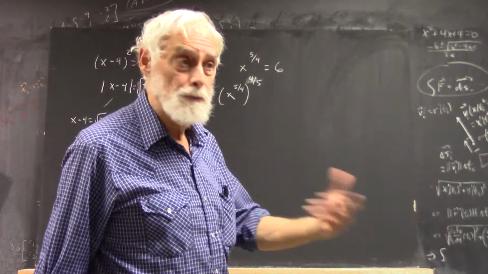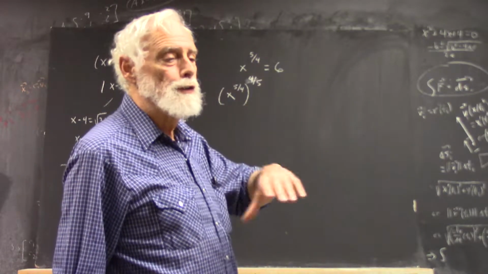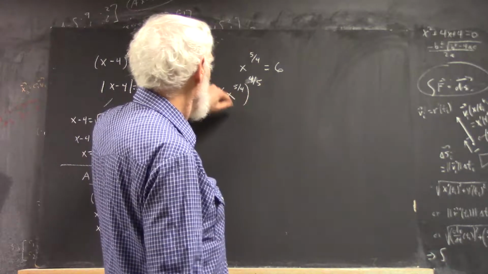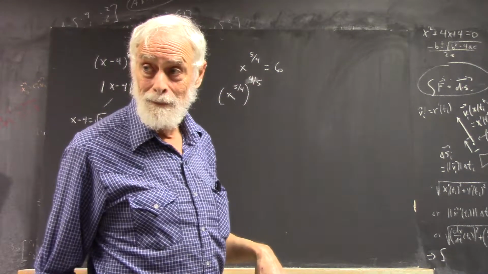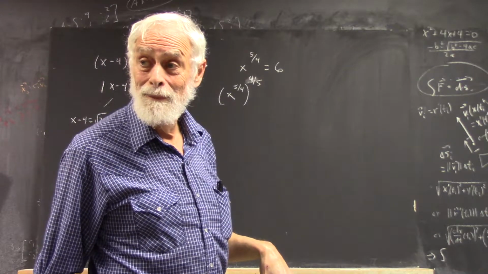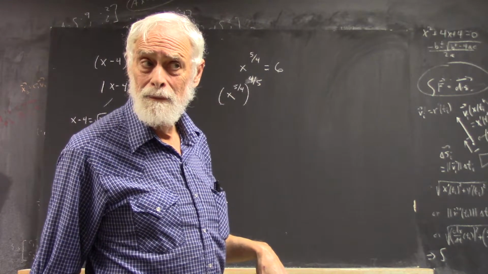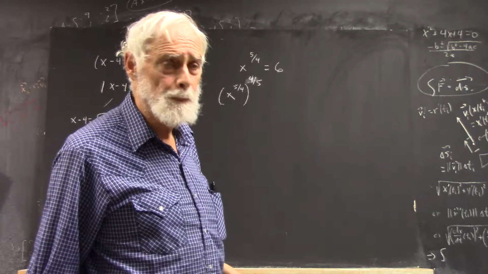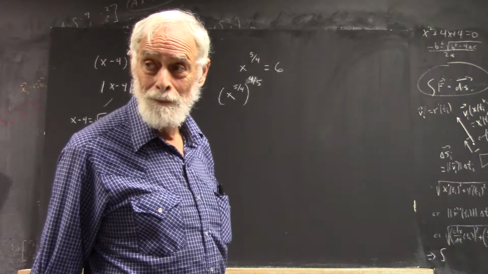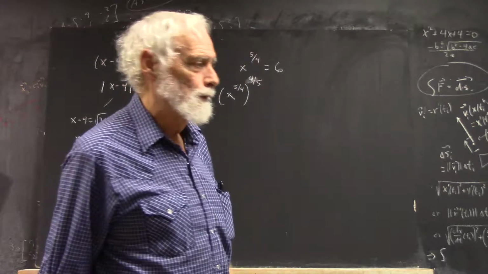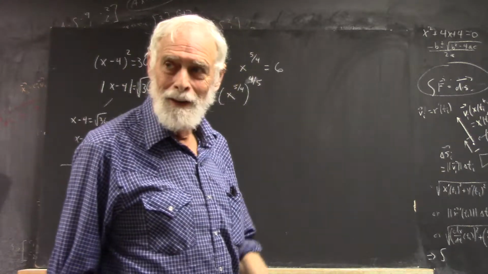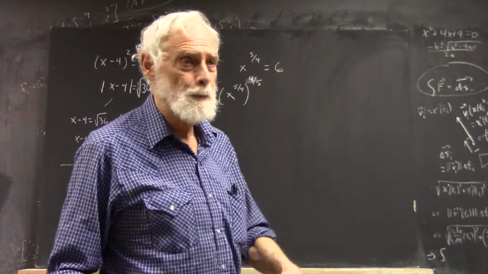What do your laws of exponents tell you about x raised to a power and that raised to a power? X to the first power. No, it doesn't tell you x to the first power. It tells you multiply the powers. Of course, when you multiply those powers, it is the first power, but you didn't answer my question. You skipped ahead and answered the next question, which is still pretty good.